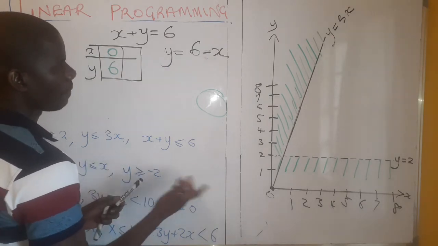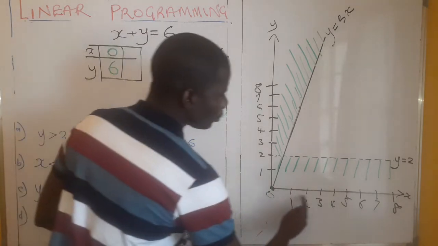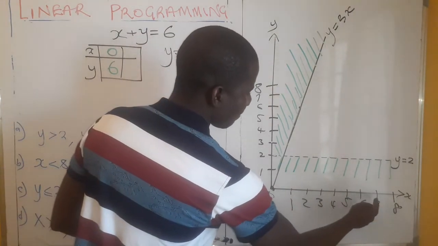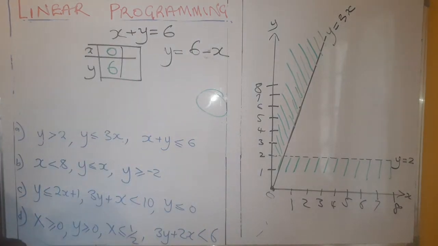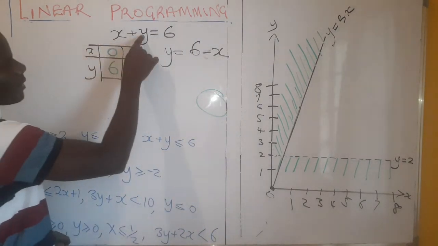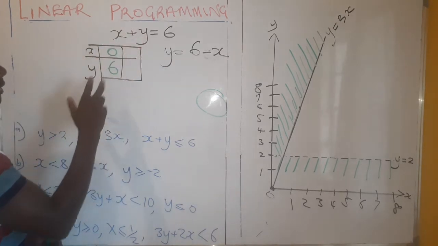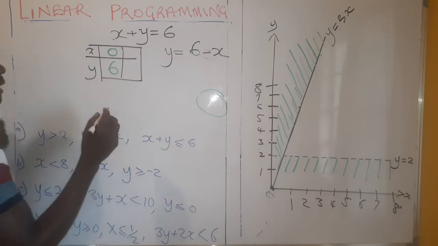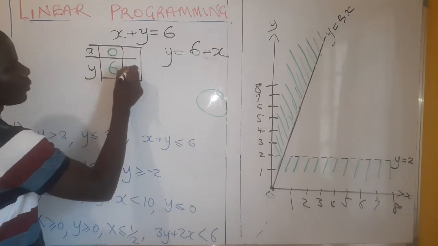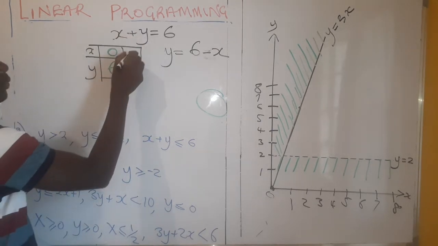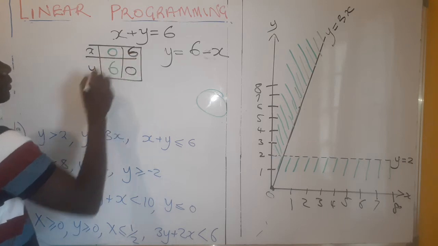So now here, we can go and use the other coordinate of y, but another easier method where you have x and y like this, none of them has a coefficient greater than 1. You can also say, if your y is equals to 0, x will be equals to 6.